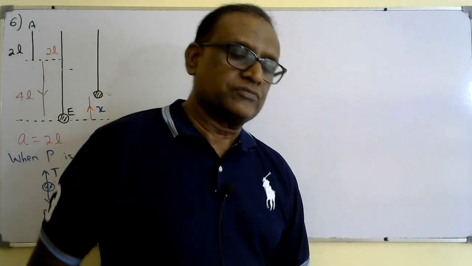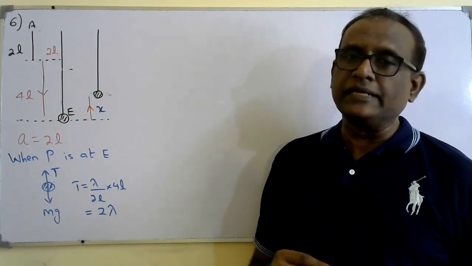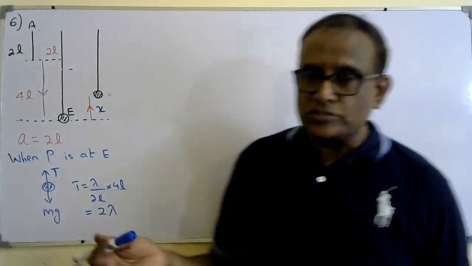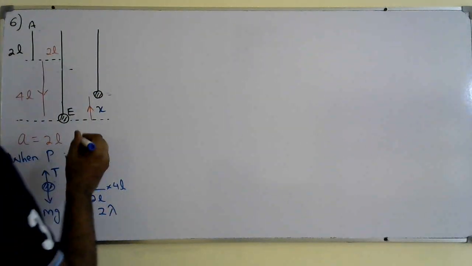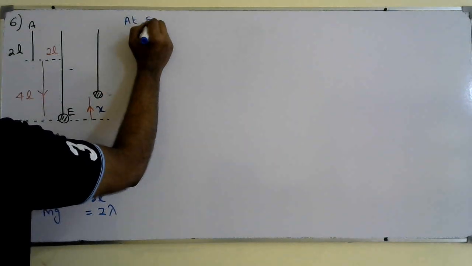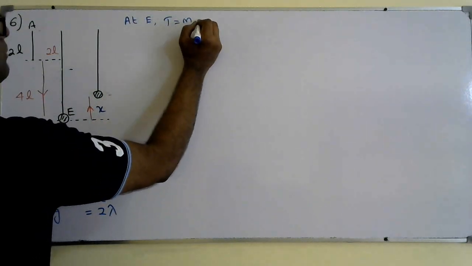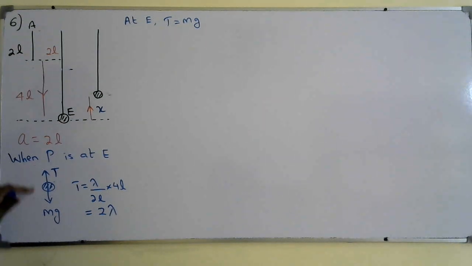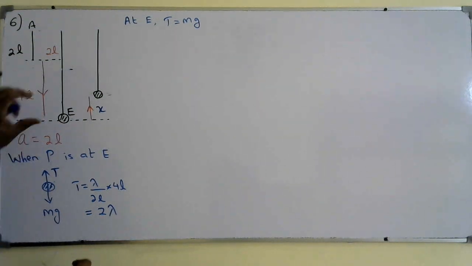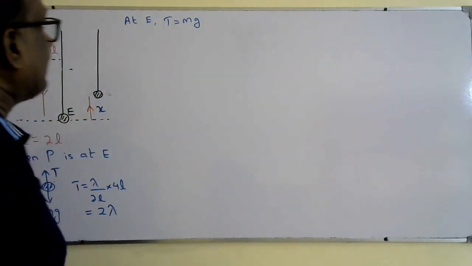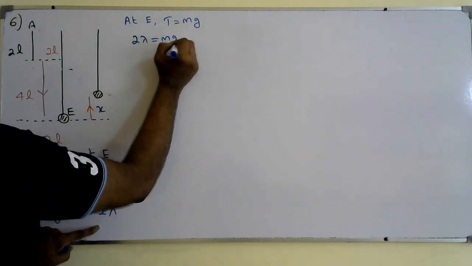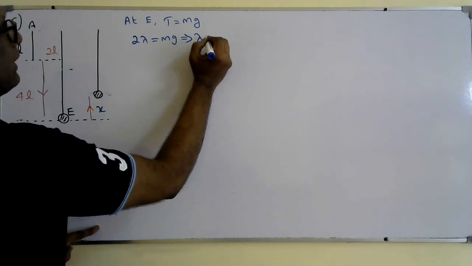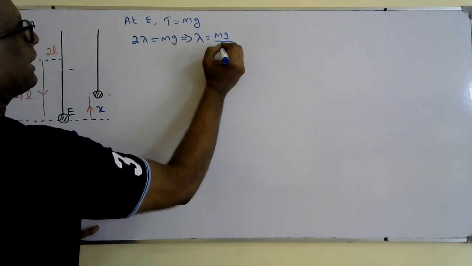What do you mean by the equilibrium position? It is the point at which the resultant force becomes zero. At E, only two forces act, T and mg, and it is at rest. So T equals mg, and instead of T I can put 2 lambda equal to mg. From this, lambda equals mg by 2.